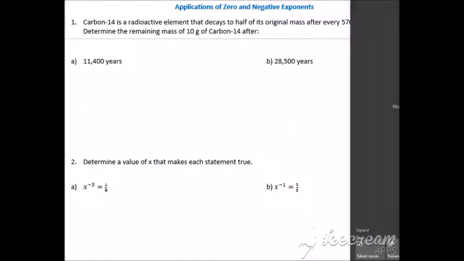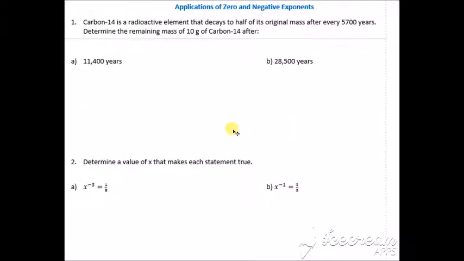Carbon-14 is a radioactive element that decays to half of its original mass after every 5,700 years. Okay, so awkward number, but it's okay. 5,700 years, and we're going to multiply by a half. Determine the remaining mass of 10 grams after this many years.